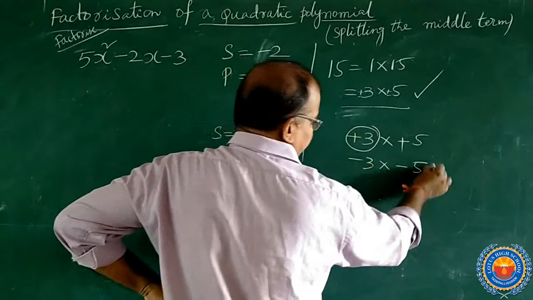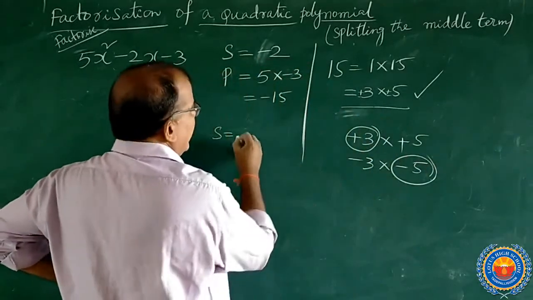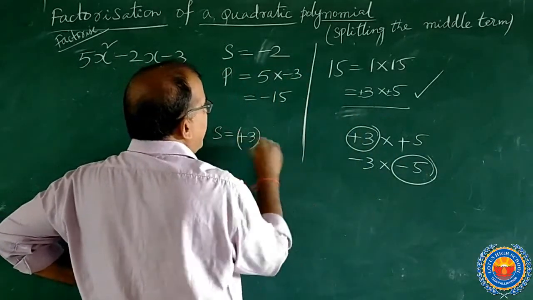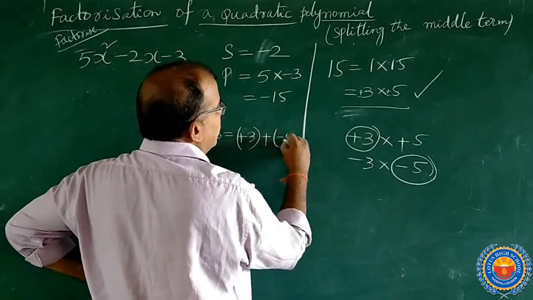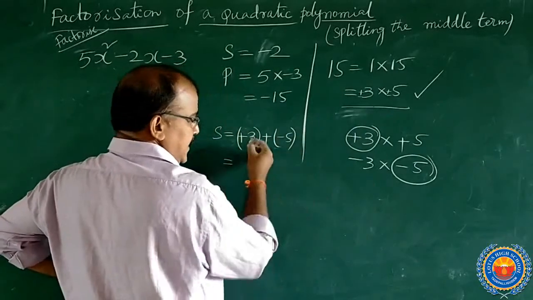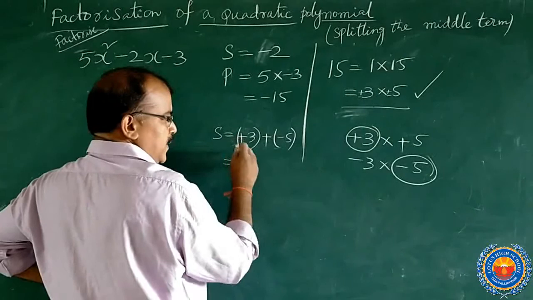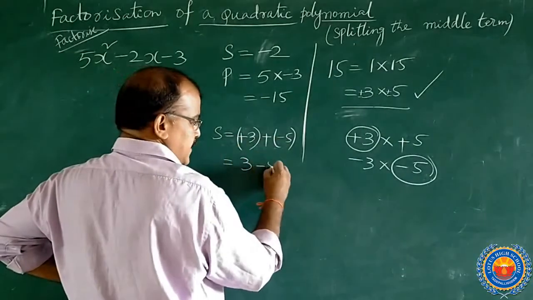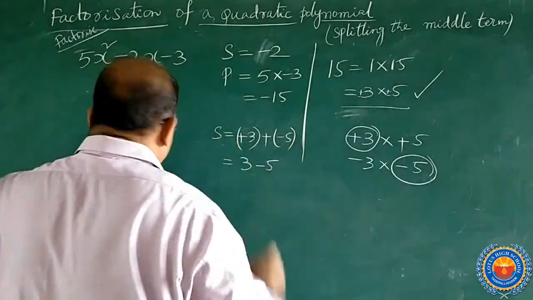Plus 3 and minus 5. That is nothing but plus 3 plus minus 5, which is 3 minus 5 equal to minus 2.